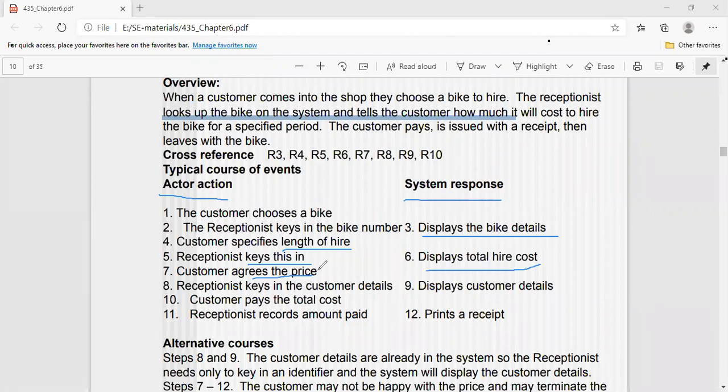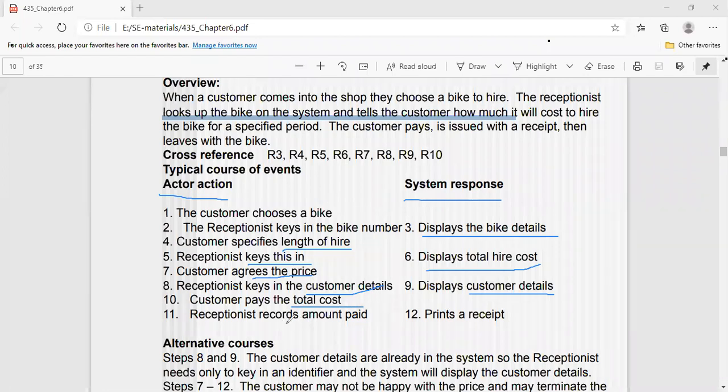So if the customer accepts to pay that 400 rupees for 4 hours, the receptionist will enter the customer details. After completion of the customer details, the system should show the customer details on screen. Then the customer pays the total cost.